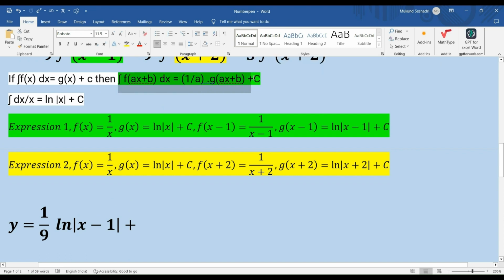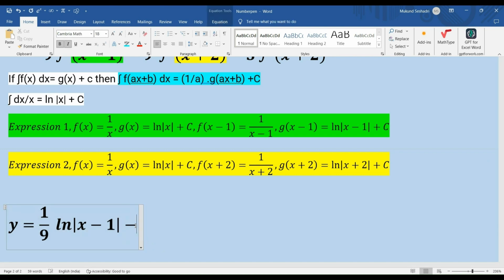And now I go and use again, and let me use a different color here. Maybe I shouldn't have highlighted this in green. I should use turquoise. I go ahead and use what I have highlighted here in turquoise, my integral of f of ax plus b dx, which is nothing but integral of f of x plus 2 dx, is equal to 1/8 times g of ax plus b plus c, which is 1/8 times g of x plus 2 plus c, right?